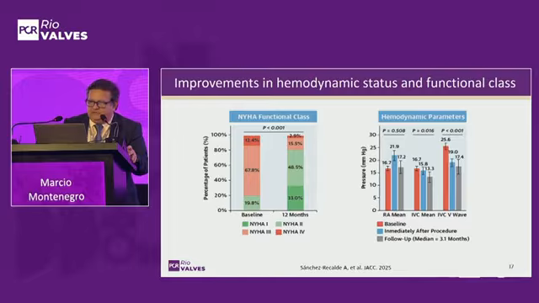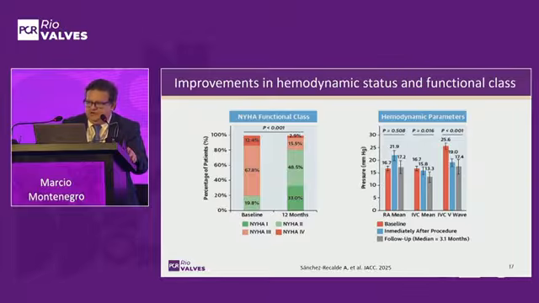The improvements in hemodynamic status and functional class are observed also. Before the treatment, almost 80% of the patients were in functional class 3 and 4, and after 12 months, almost 80% were in functional class 1 and 2.